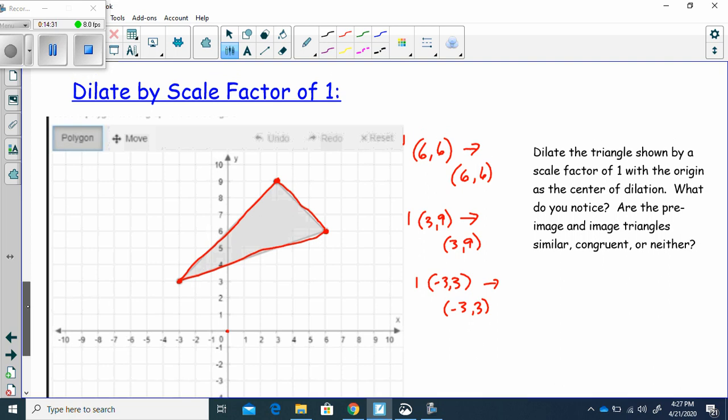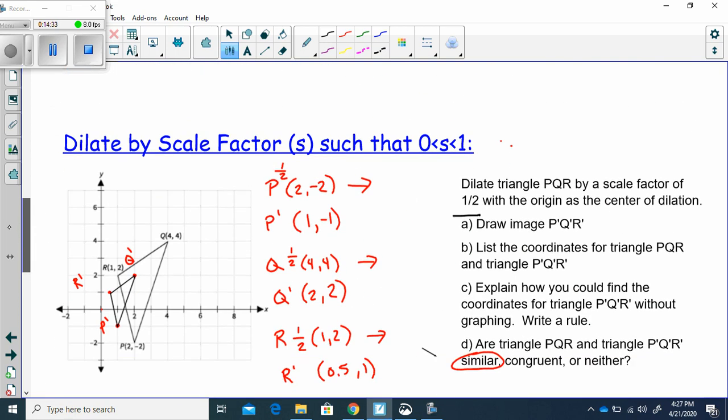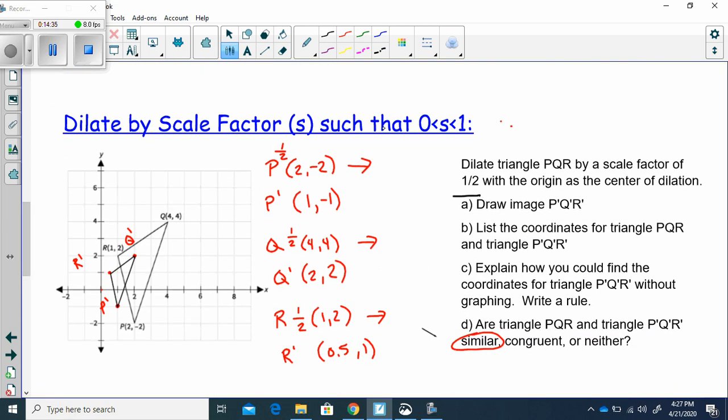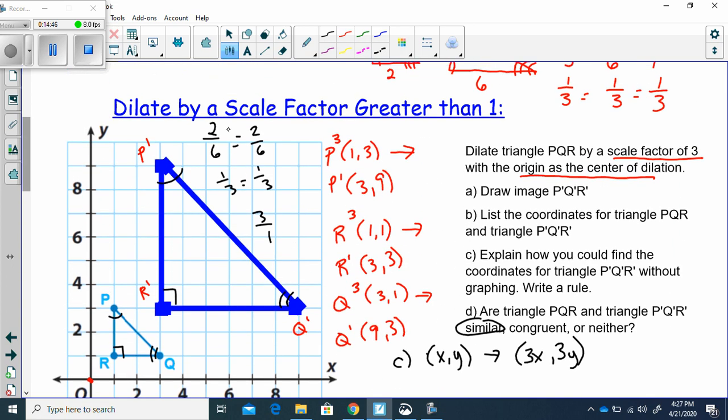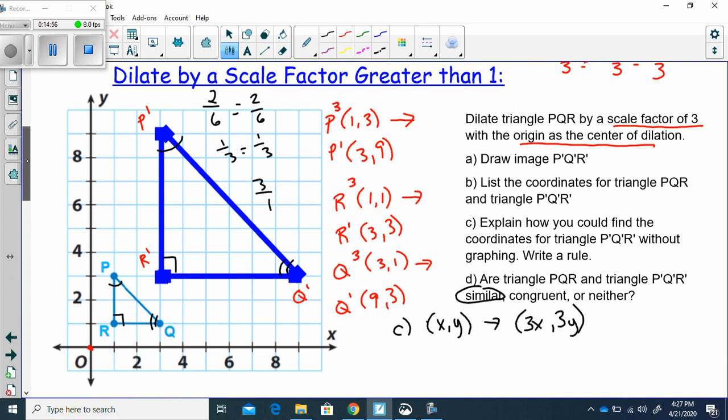When we dilate by a scale factor that's a fraction between 0 and 1, we're making it smaller, half the size of what it was to start with. The figures are similar. If we dilate it by a scale factor that's greater than 1, in this case it was 3, we make the figure bigger, move it farther away from the center of dilation. Okay?